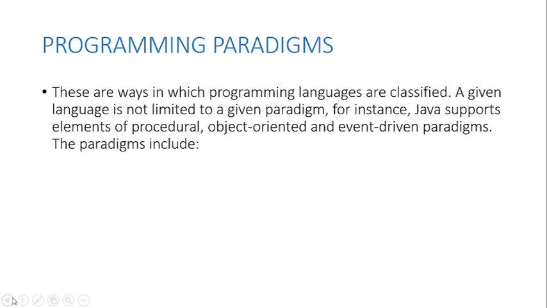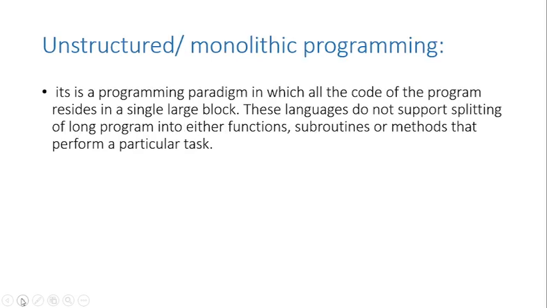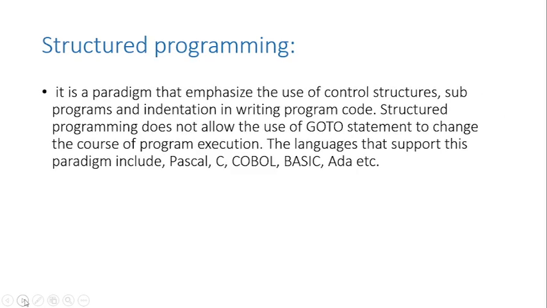These paradigms include monolithic programming, in which all the code is designed in a single large block. They do not support splitting of a long program into functions, subroutines, or methods to perform a particular task.